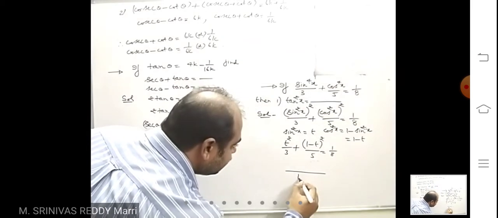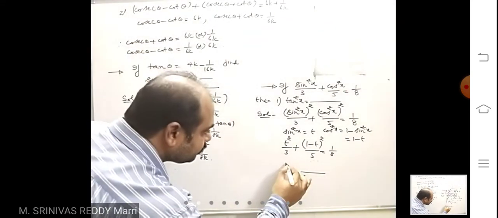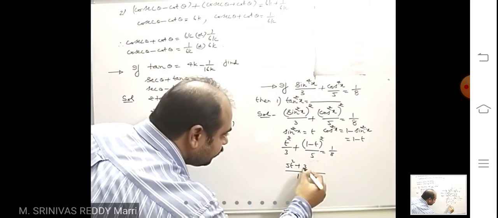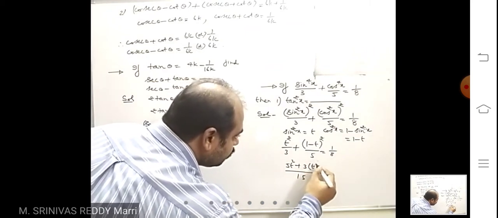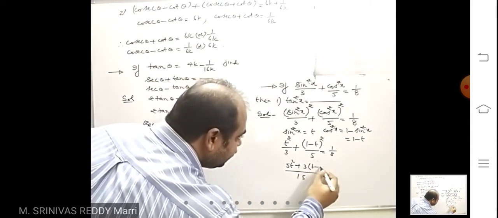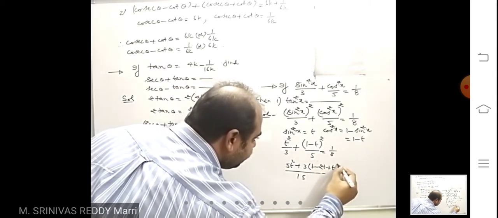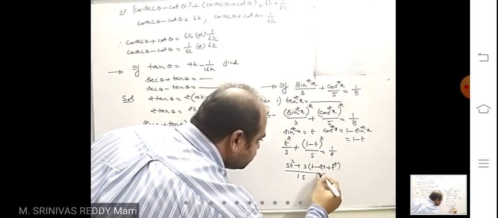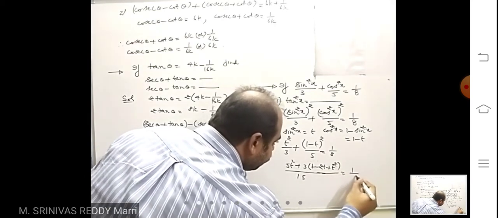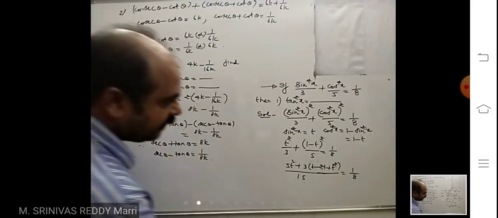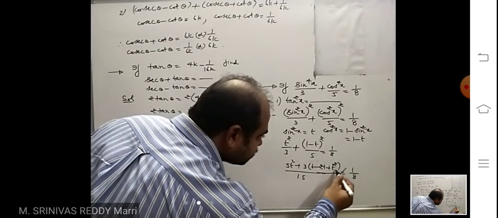Look at LCM is 15. 5t square plus 3 into (1 minus t) whole square, using a minus b whole square, a square minus 2ab plus b square, equal to 1 divided by 8. Now cross multiply.